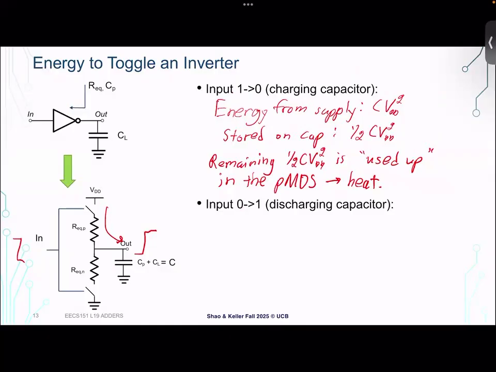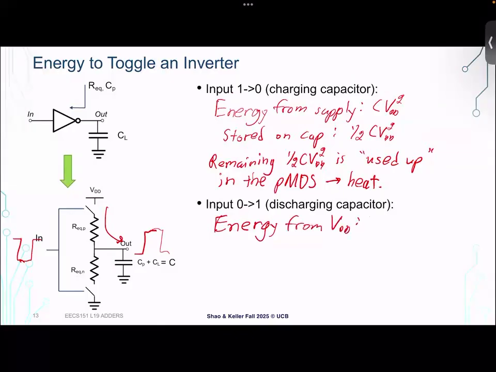So now let's think about what happens when we transition the other way, right? We transition the input from 0 to 1, the output goes from 1 to 0. How much energy does that pull from VDD? Well, none additional. Because in this case, the PMOS is not on, so we're not pulling any more electrons from the supply.